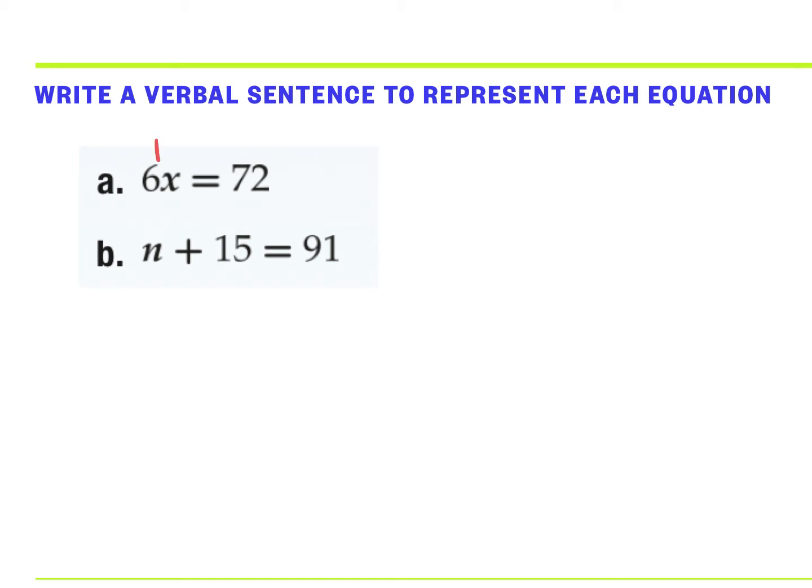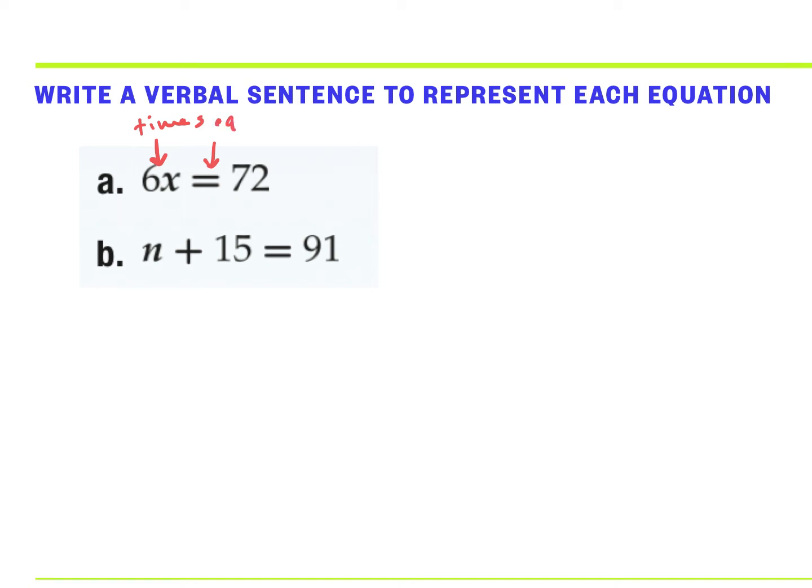So what's a word that I can say that's multiply? Times. What's a word I can say that's equals? I don't know if this was on our list, but you can say equals.